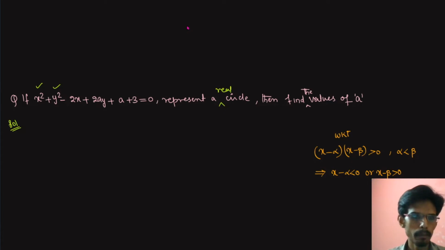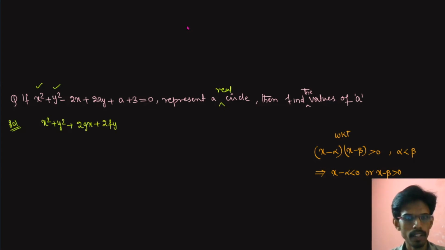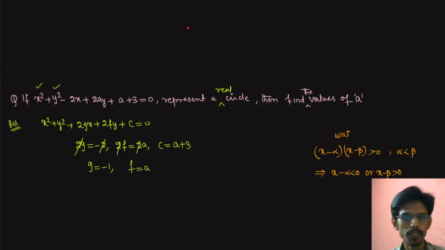Okay, if I compare this equation with the standard form x square plus y square plus 2gx plus 2fy plus c equals 0, here the 2g value will be minus 2, 2f value will be 2a, and c value will be a plus 3. So g value will be minus 1, f value will be a, c value will be the same.